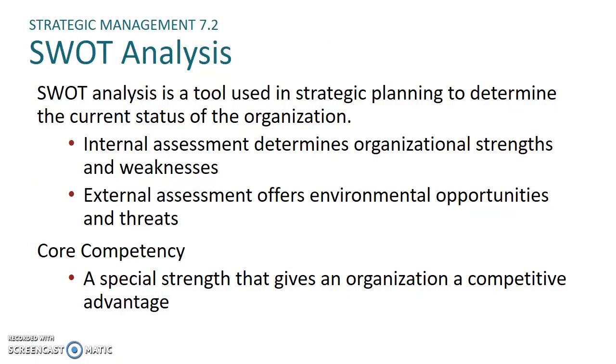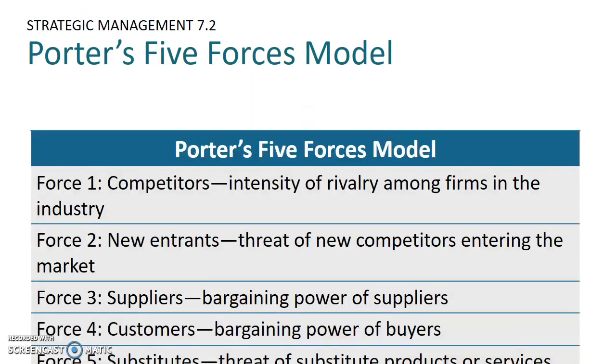The first one, we've talked about before, is a SWOT analysis, which is mentioned on page 128. Chapter 7 also mentions Porter's 5 forces model, so that would be another strategic planning tool that a manager could use in strategic planning.